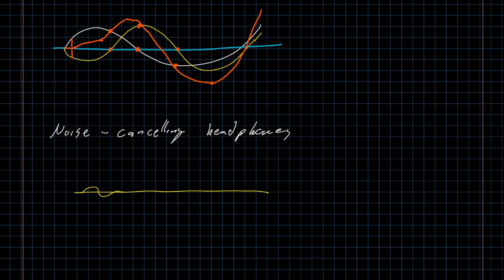And that microphone is going to pick up all of the sound waves that are happening outside of your headphones. And then we're going to add to the signal that we are creating with the speakers in the headphones the exact negative of that original wave. So that when you take the superposition, adding them together, you get nothing or almost nothing.